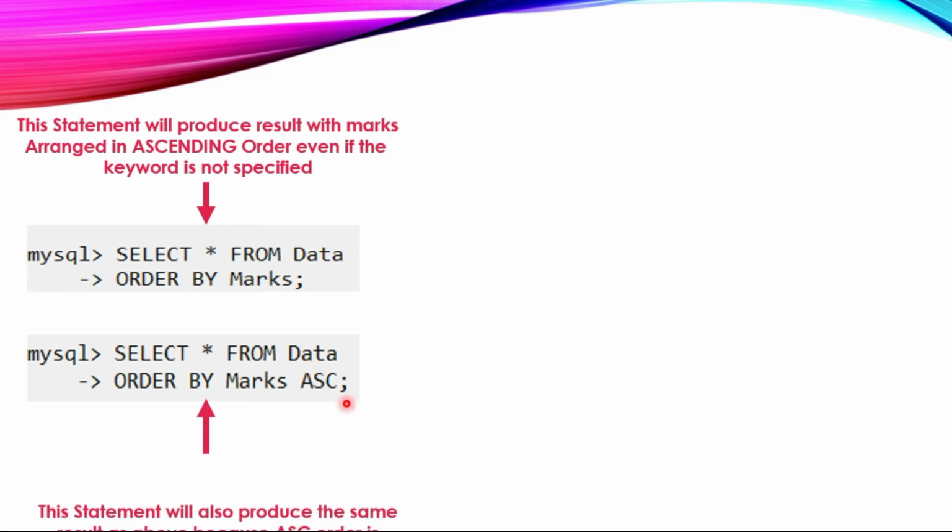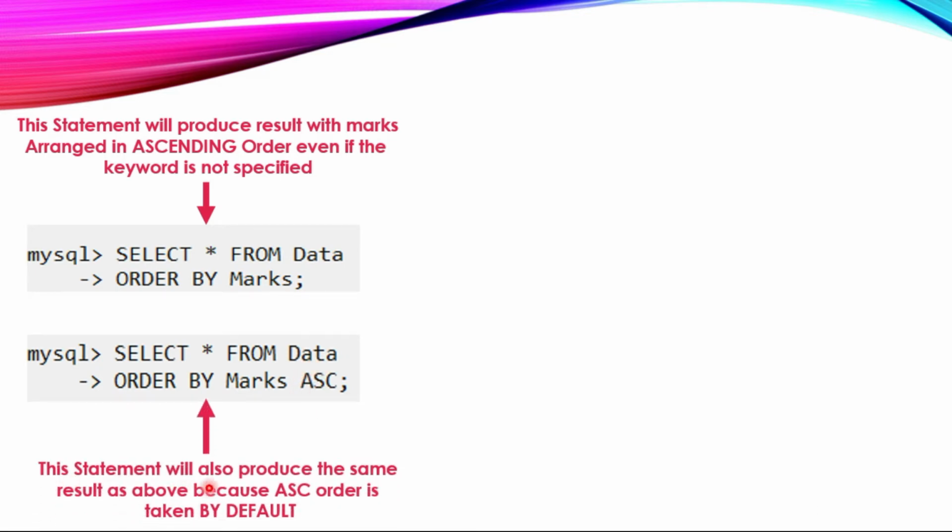Now here even if I am specifying, this statement will also produce the same result as the above because ASC order is taken by default. Now the output of this query and the output of this query will be same because even if I specify or don't specify the keyword, by default the data is going to get sorted in ascending order.